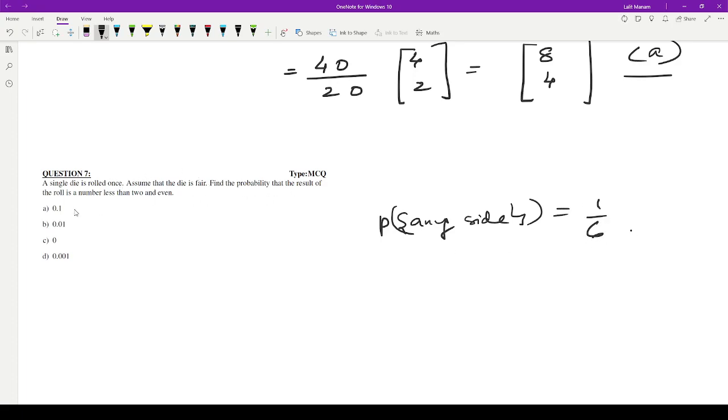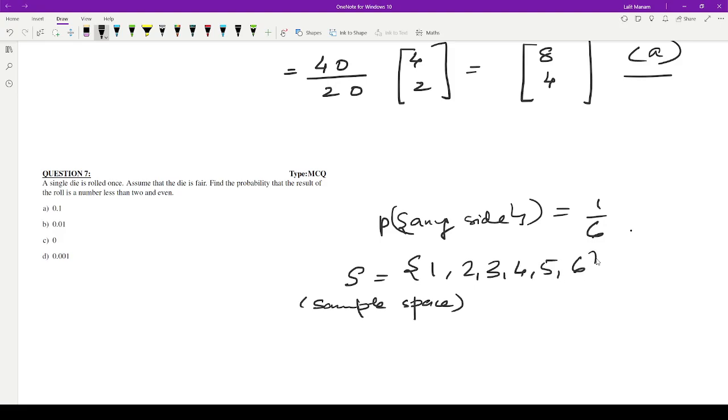Find the probability that the result of a roll is a number less than 2 and even. Okay, so what is S? Let S be the sample space, which will contain all the 6 possible outcomes.